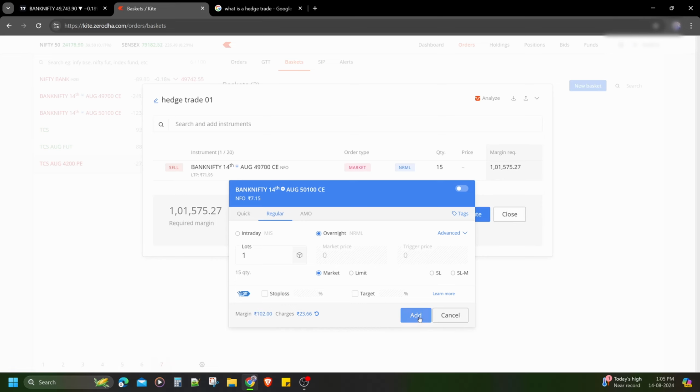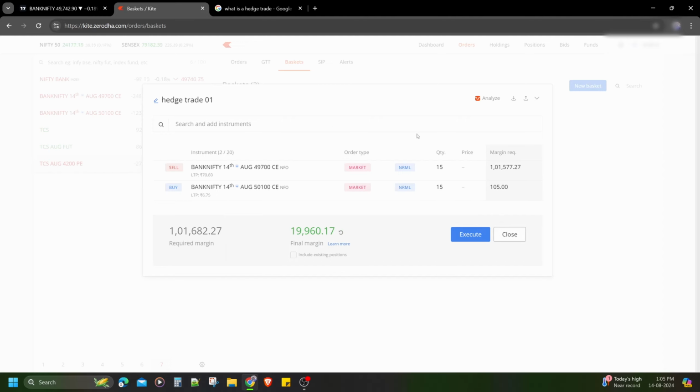I've added the hedge trade, and the funds required for us is around 20,000. Earlier it was showing around 1 lakh just to sell it, but now the funds requirement has come down by like 20%.